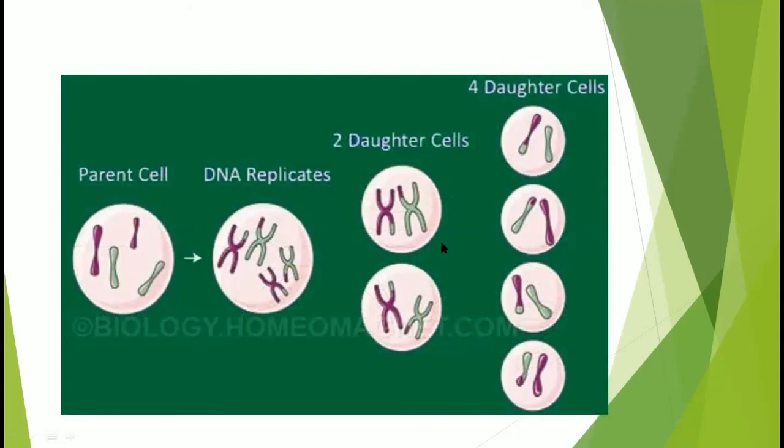During this cell division, crossing over occurs between the two homologous chromosomes, and thereby genetic recombination occurs. Due to this, all four daughter cells are generally different from the parent cell and from each other too.